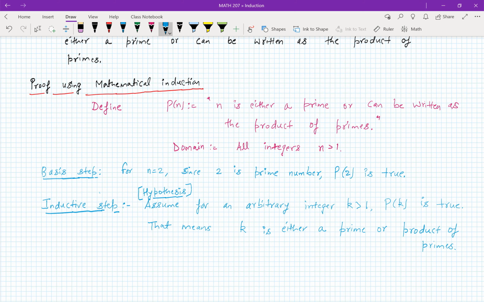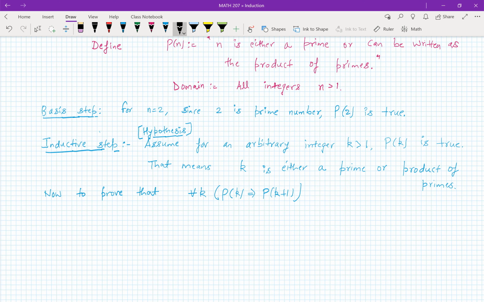In the inductive step of my proof, I start with the hypothesis and assume that the statement P of k is true for an arbitrary integer k greater than 1. That means I'm assuming that k is either a prime or can be written as the product of primes.